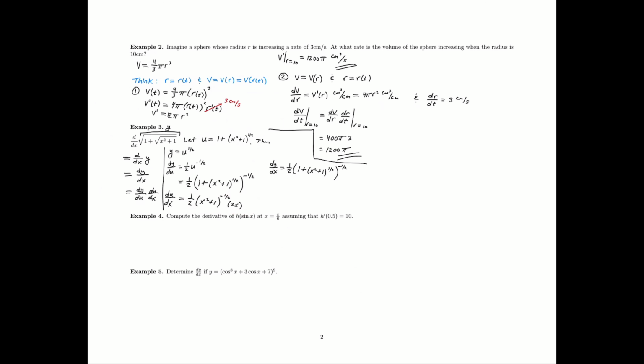So this would be 1/2 times 1/2 x squared plus 1 to the negative 1/2 times 2x. That is a lot. That is definitely a lot.